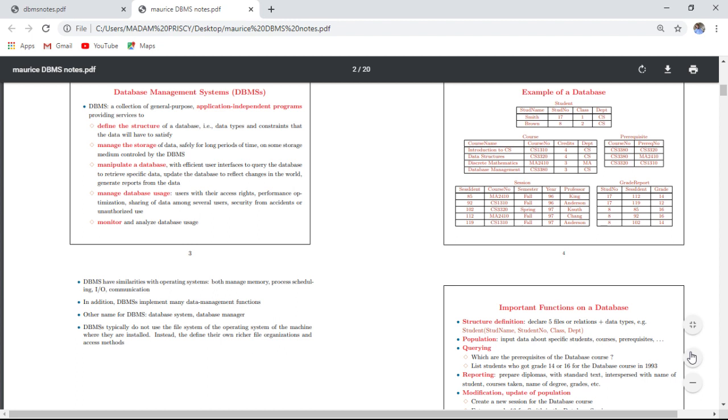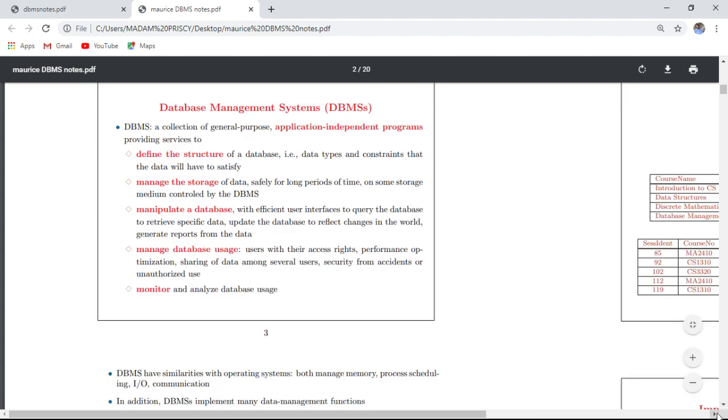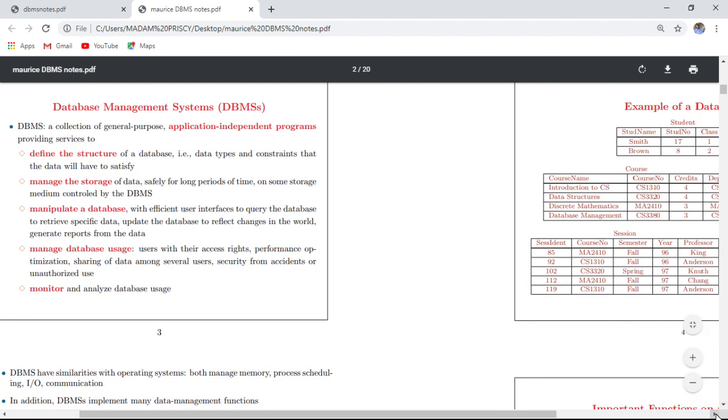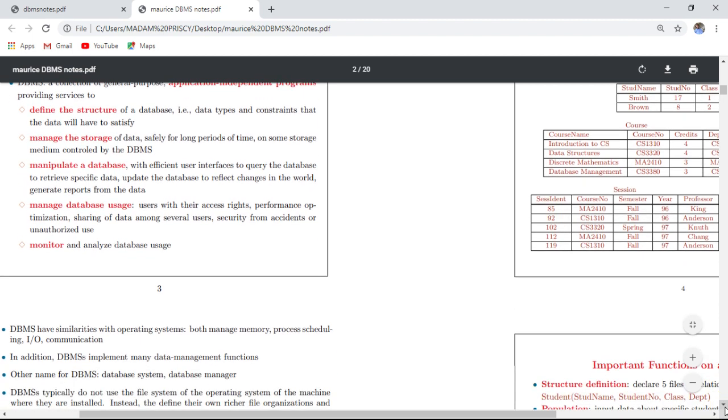Your session number, your course number, your semester, your year, and who is going to teach, the professor or lecturer. Your session numbers are 85, 92, 102, 112, and then 119.